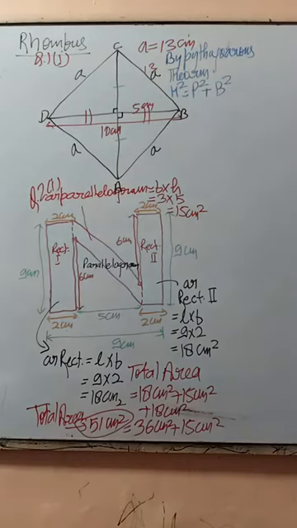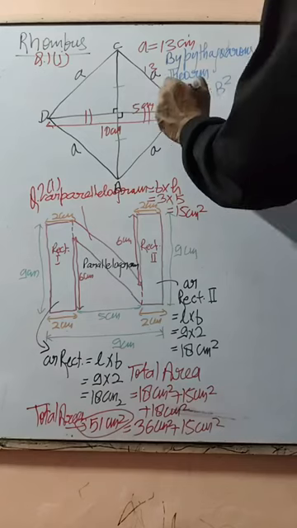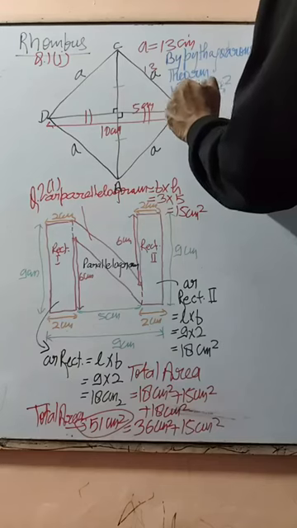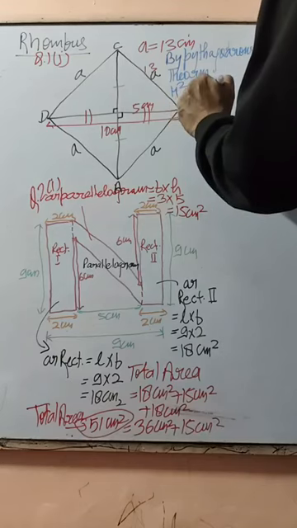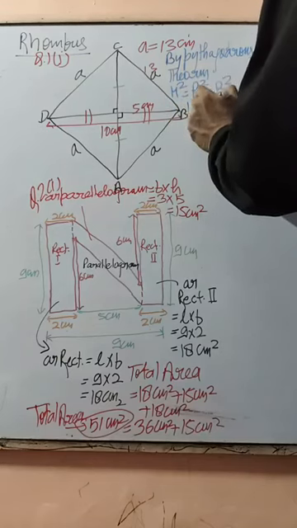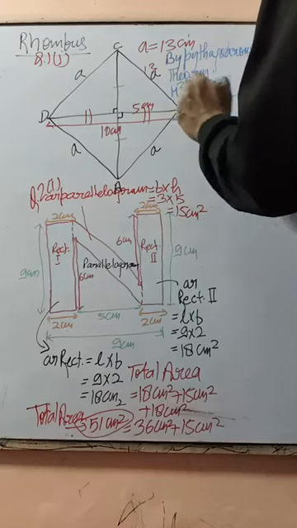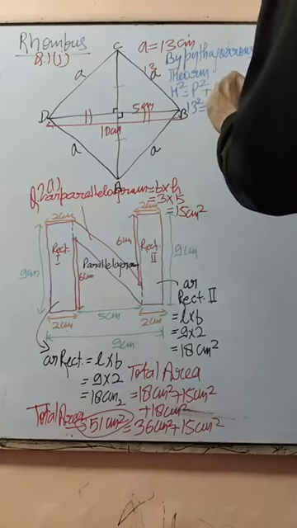Right? So hypotenuse is 13 square, equal to perpendicular square plus base, which is 5 square.